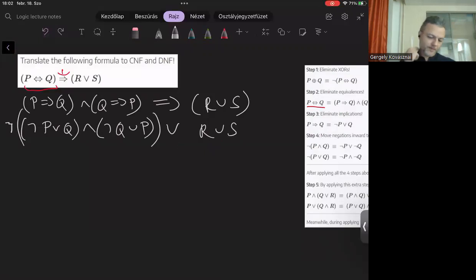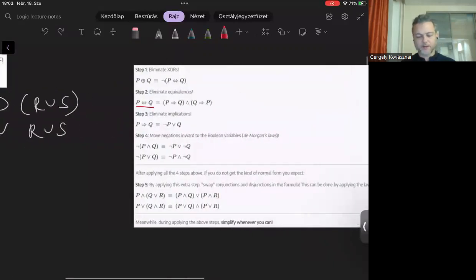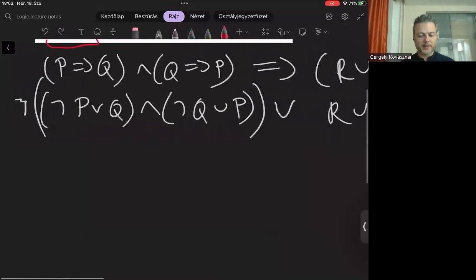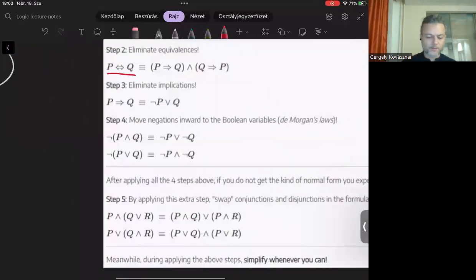Okay, so now let's deal with, of course, the negation in front, because the next step is about moving negations inward by applying the De Morgan laws. Now we have a negated conjunction. Therefore, we have to apply this law.